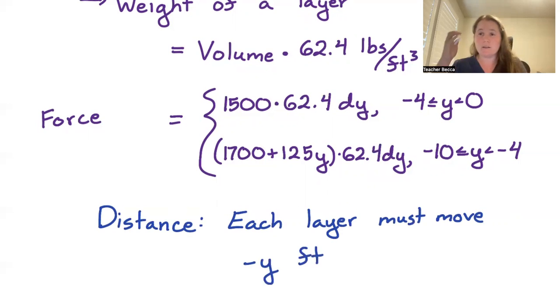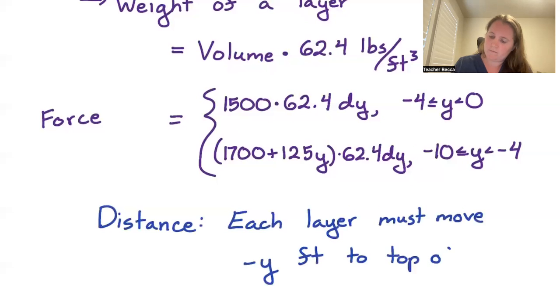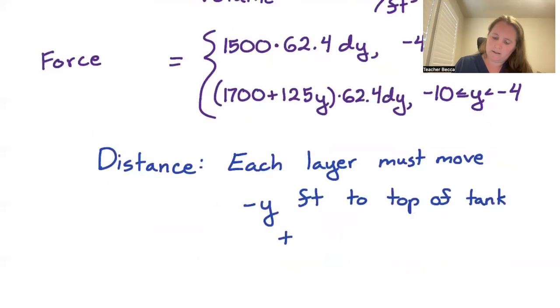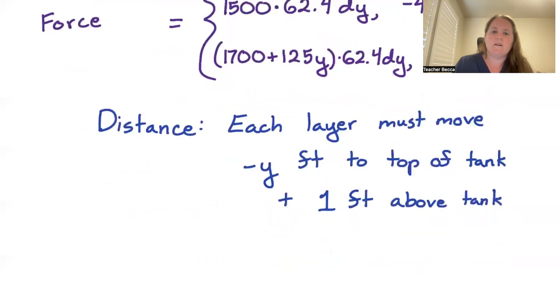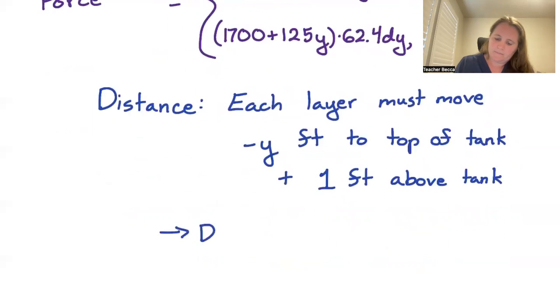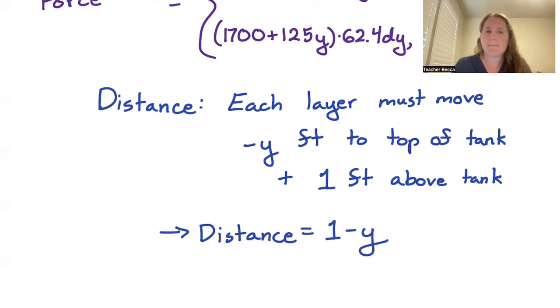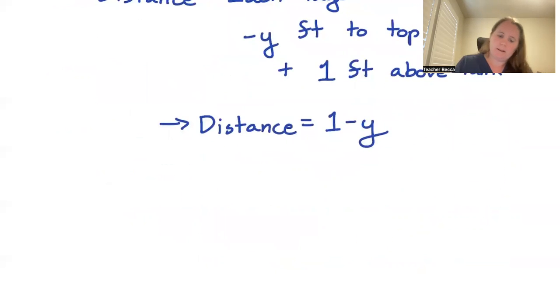Again, y is a negative number, so the distance would be -y to the top of the pool or the top of the tank, plus 1 foot extra, 1 foot above the tank. So the distance would be 1 minus y. From here, we get the work required to move one layer.